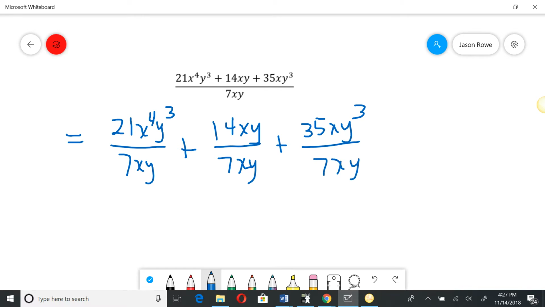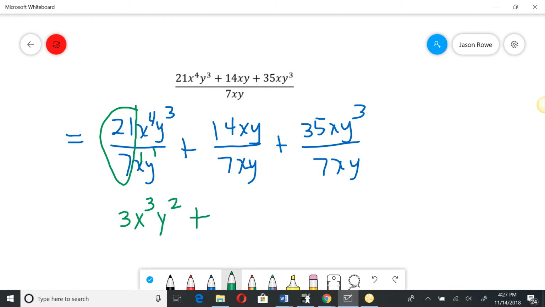And now I just look to simplify each fraction. So I'm going to simplify each fraction individually. Look here, 21 divided by 7, that's 3. Look at my exponents here. These both have a 1, so x to the fourth minus x to the first is x cubed. Y cubed and y to the first, that becomes y squared.